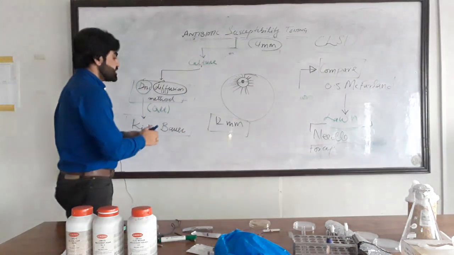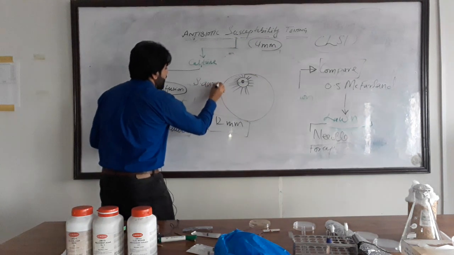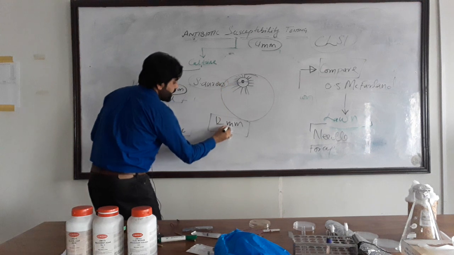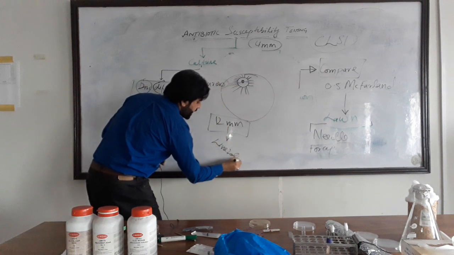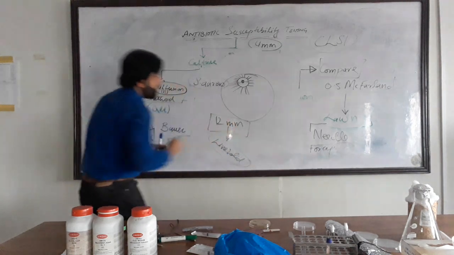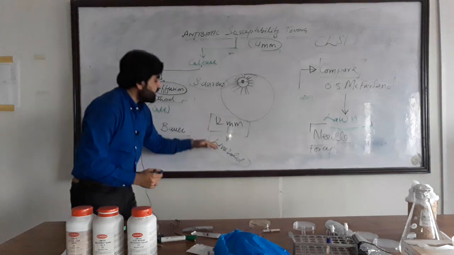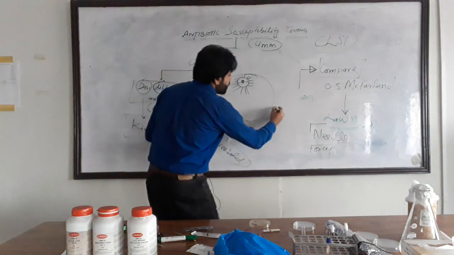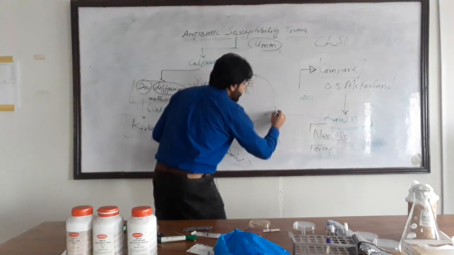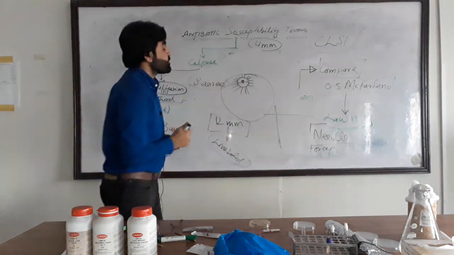Let's say this is Staphylococcus aureus and this is the zone of linezolid, an antibiotic which can be used against Staphylococcus aureus. So if it is 12 millimeter, then you will have to compare this zone with a chart of breakpoints provided by the CLSI.